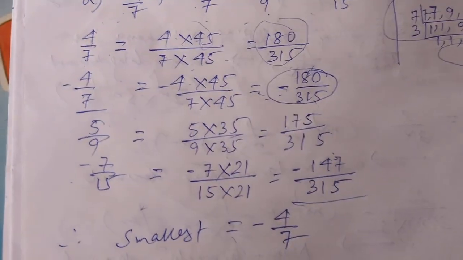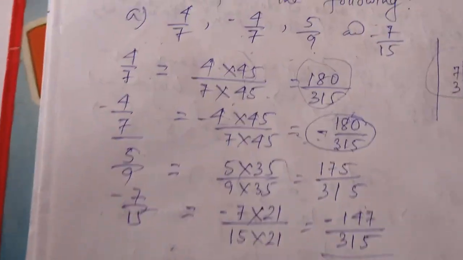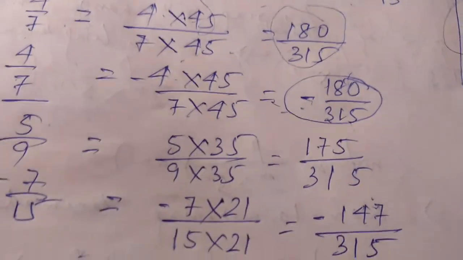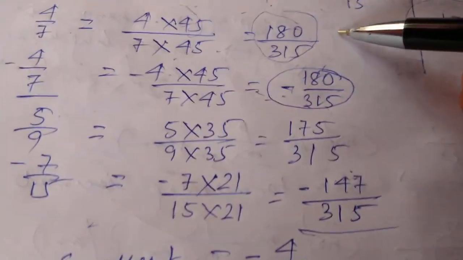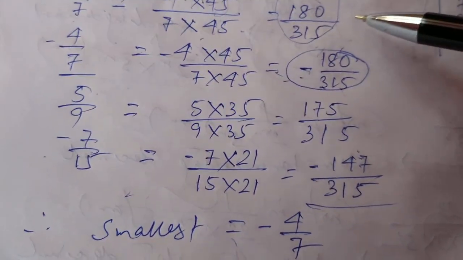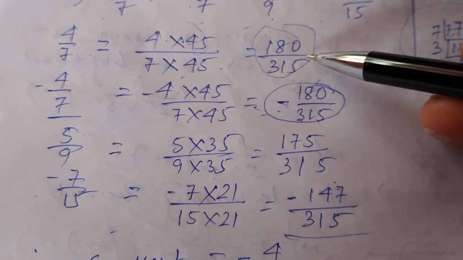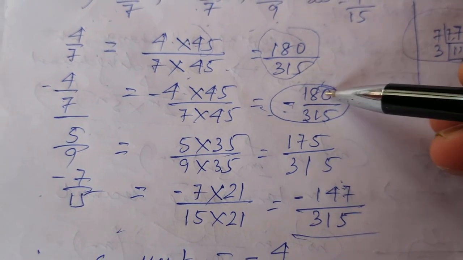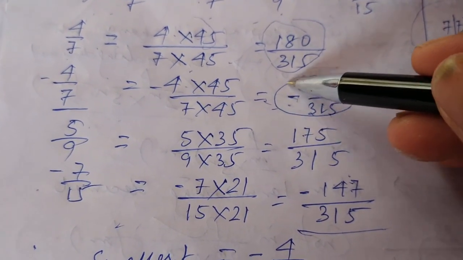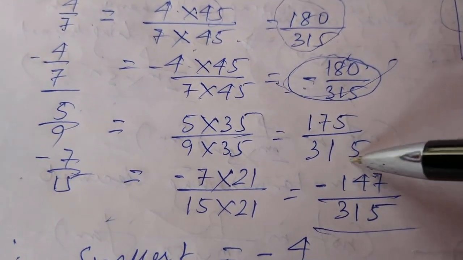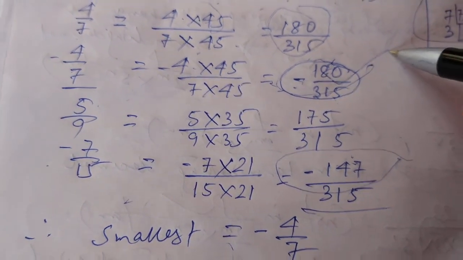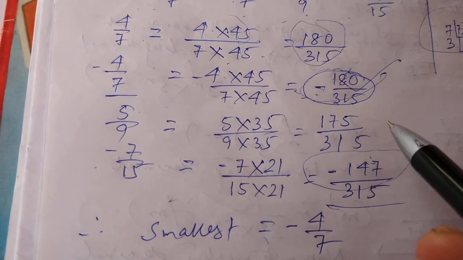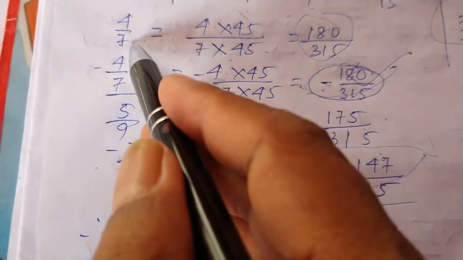Now, which one will be the smallest? We have to find out. See, all the denominators are the same. So to find the smallest, we have to check only the negative numbers, that is minus 180 and minus 147. So this one will be the smallest. It is coming from the minus 4 by 7.